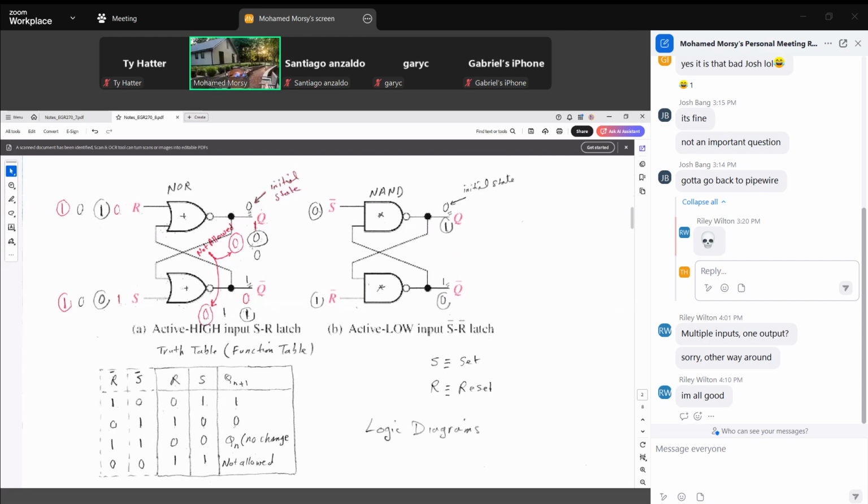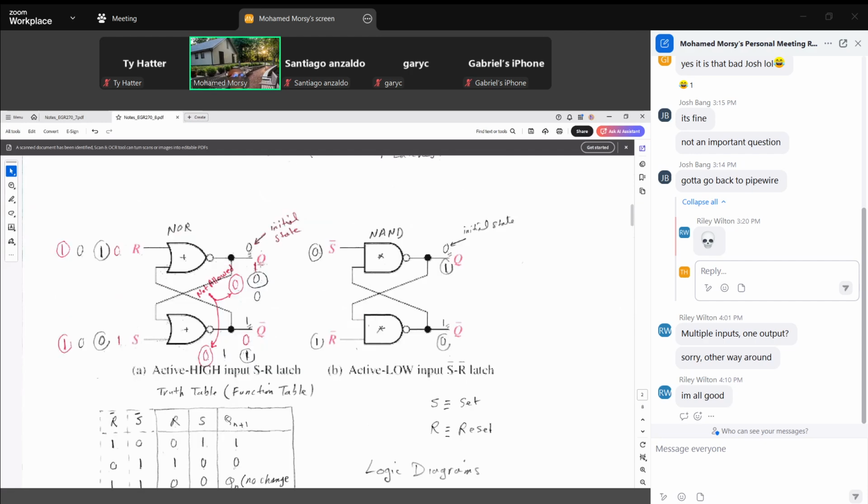The output here is Q. Usually we take another output, Q inverted. If Q is 0, Q inverted will be 1. If Q is 1, Q inverted will be 0.